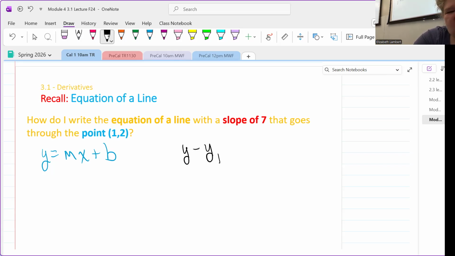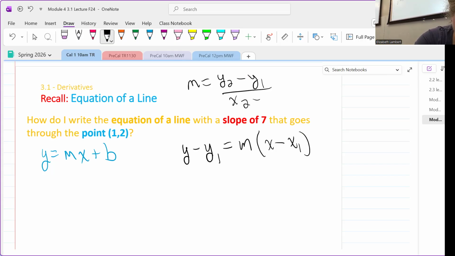We have y minus y1 is equal to m times x minus x1. So if I think about it, it's like I just took the thing on the bottom of the slope formula and multiplied by it.